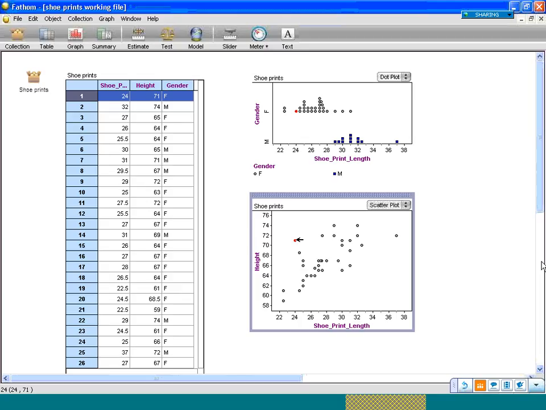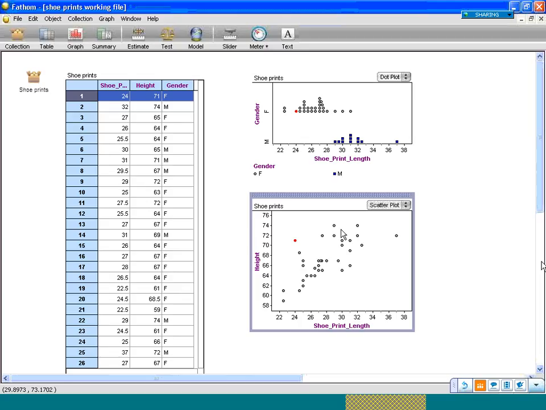Are there other people in the sample that are taller? Yes. But they're all at least 4 centimeters longer shoe print length. So sort of around 28 or 30 centimeter shoe print length? Yeah, at least. Okay, so she's tall for her shoe print.